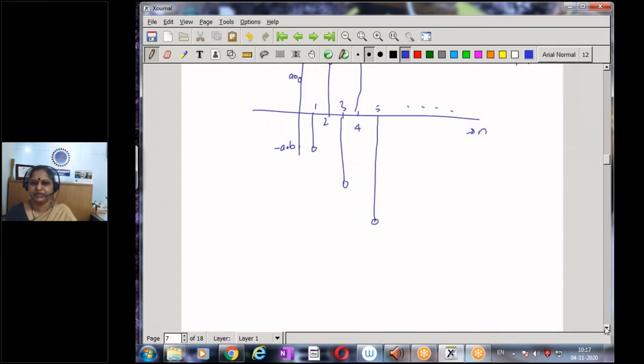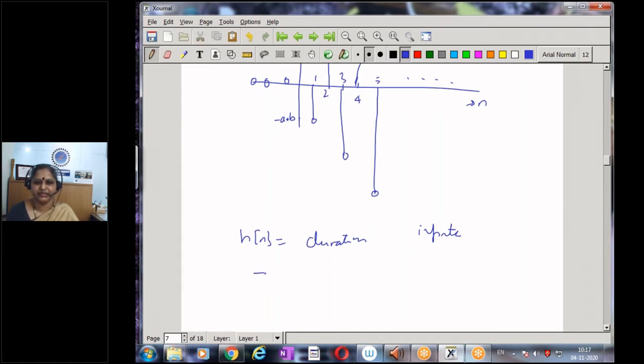So what we have is an observation in this example: the duration of the impulse response is infinite. Of course, it's 0 for n less than 0. Because the duration is infinite, these types of systems are known as infinite impulse response systems.